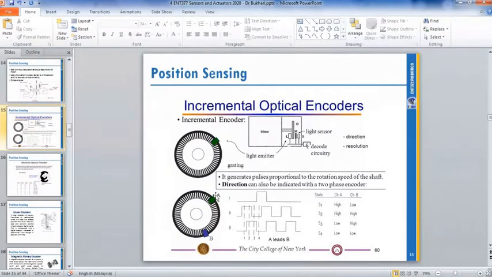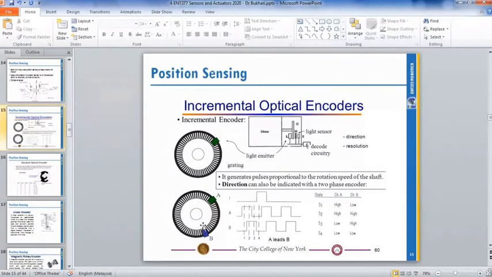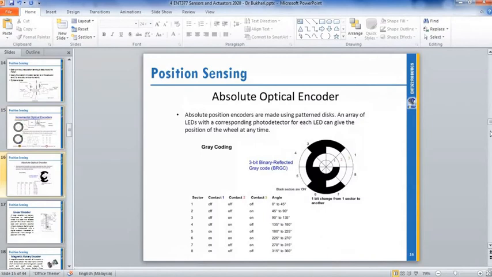If you put two sensors, you can count the position and also know the direction of rotation, whether clockwise or counterclockwise. This is another sensor we call the absolute optical encoder. It still uses light, an absolute optical encoder.